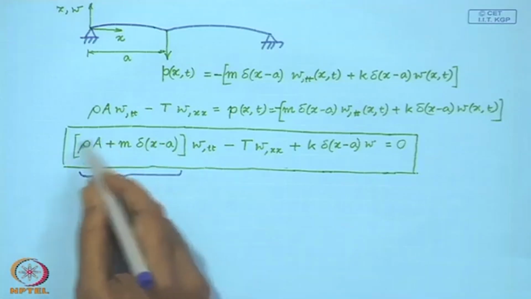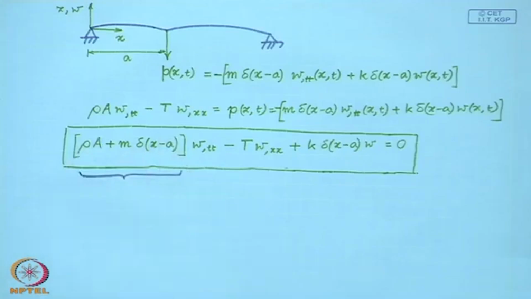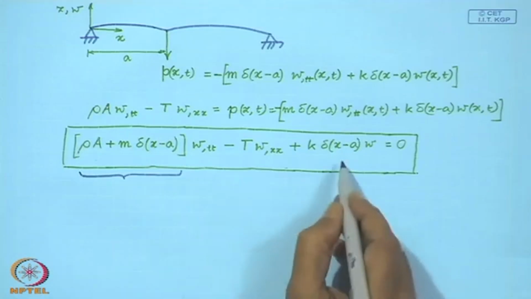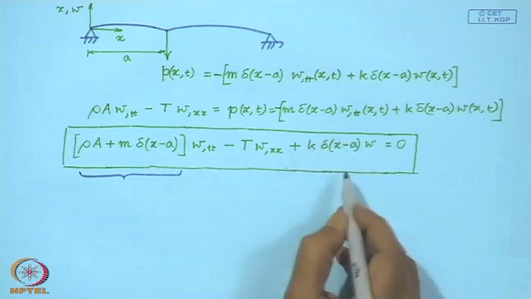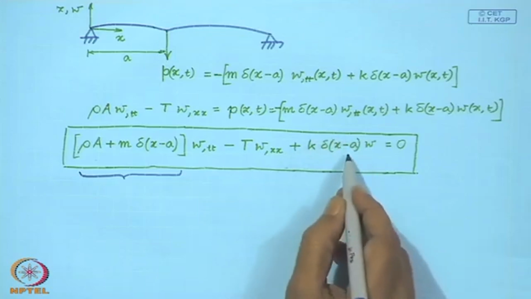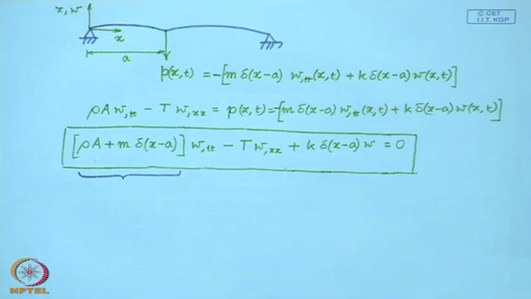So, rho A was because of the string and this is because of the oscillator. Similarly, now you have a stiffness coming into the system at x equal to a. So, this completes the description of a string interacting with an oscillator which is coupled to it.